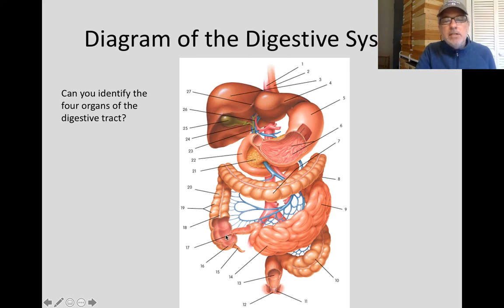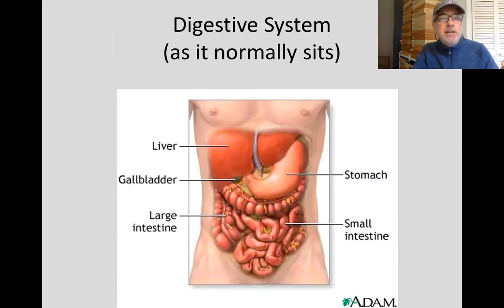The large intestine has a rising portion, a crossing portion, and a falling portion. These are called the ascending colon, the transverse colon, and the descending colon, then the S-shaped colon, the sigmoid colon, into the rectum. So those are the organs of the digestive system.